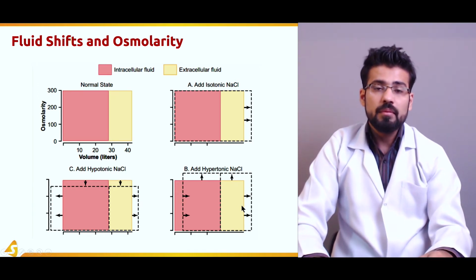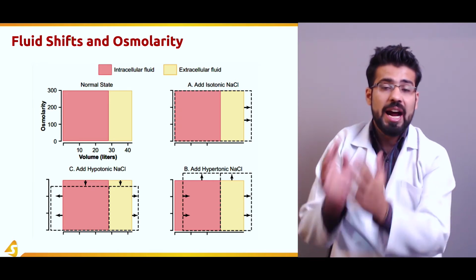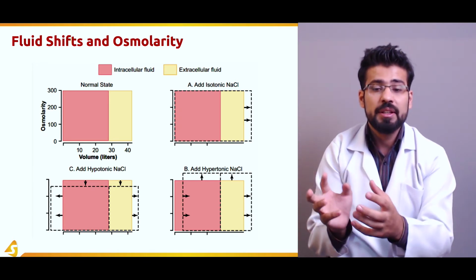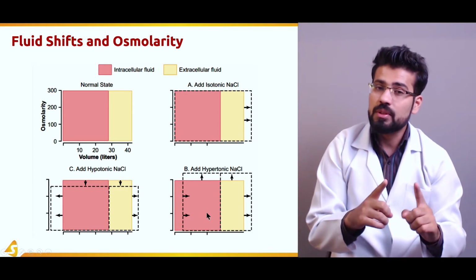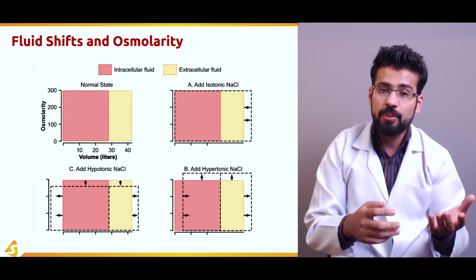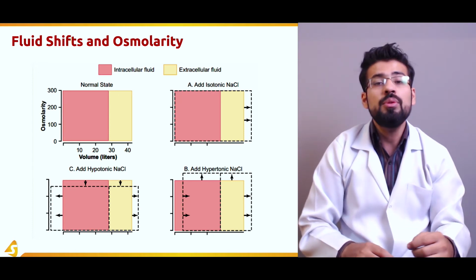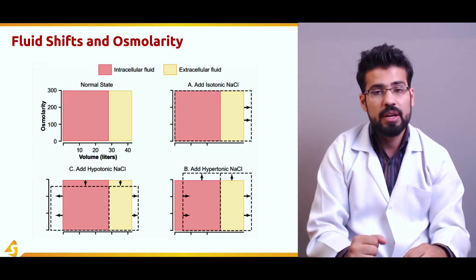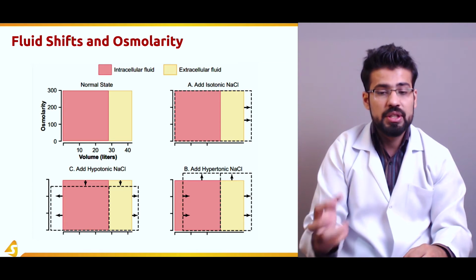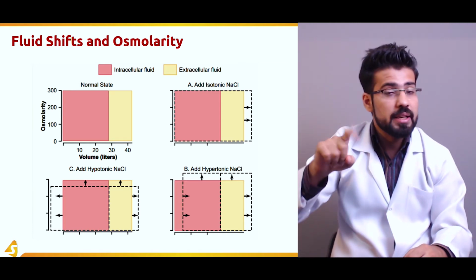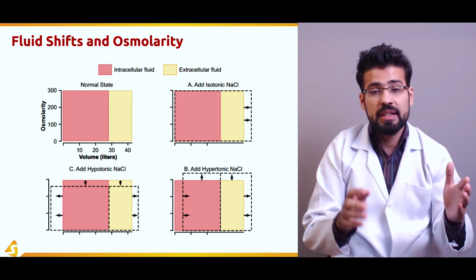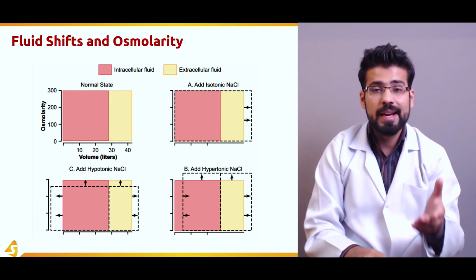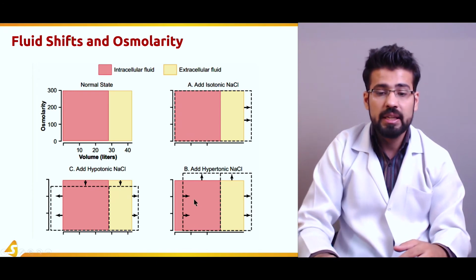One, of course, is that the solute potential outside, in the extracellular fluid, has increased as compared to the inside. If you remember, water through osmosis will tend to move from a region of low solute potential, that is from inside, to a region of high osmotic potential, the extracellular fluid, because you added hypertonic NaCl solution. Now it will shift the water volume from inside to the outside, and the extracellular water will increase.